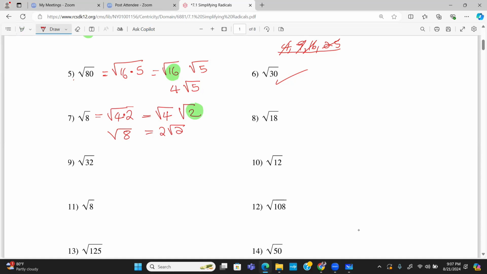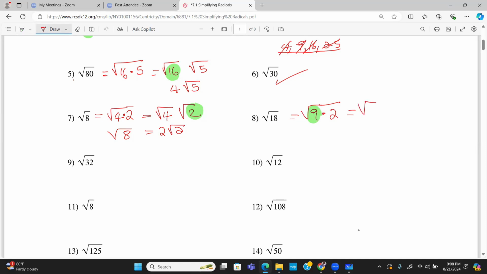For number 8, we have the root of 18. We could rewrite this as the root of 9 times 2, because 9 2's gives us 18. And not only that, 9 is a square number. Remember that we only need to identify one square number and then make sure that that square number is the largest one possible.